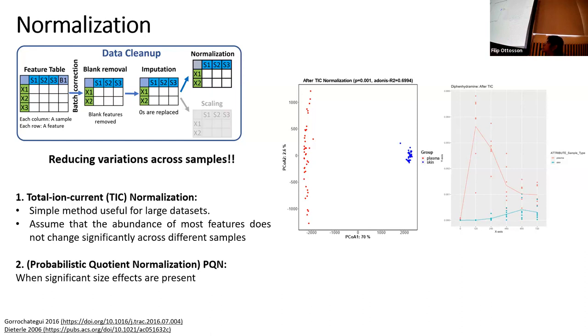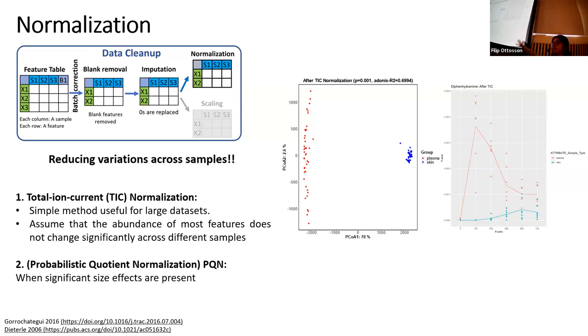More than the algorithm, I just wanted to show you when to use what, because when you have a deep understanding of your data, then you can choose the appropriate normalization technique. For example, TIC is the simplest, computationally inexpensive technique because this is just sum normalization.